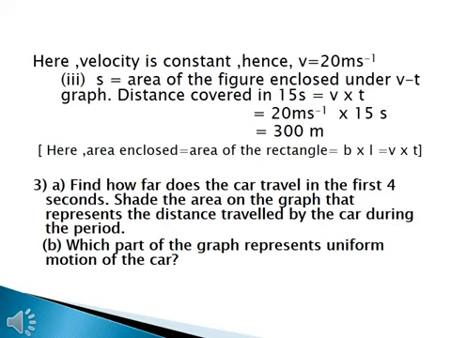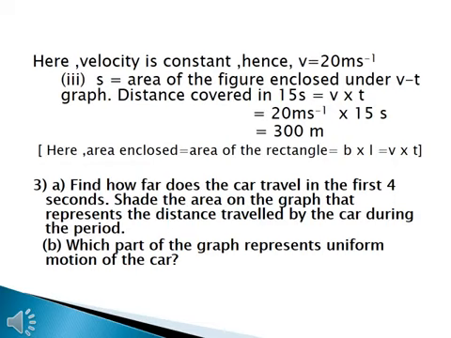You know the area of the rectangle is equal to length into breadth or breadth into length. Here breadth is velocity and length is time. So we substitute these values. Distance d or s is equal to 20 meter per second into 15 seconds is equal to 300 meter.